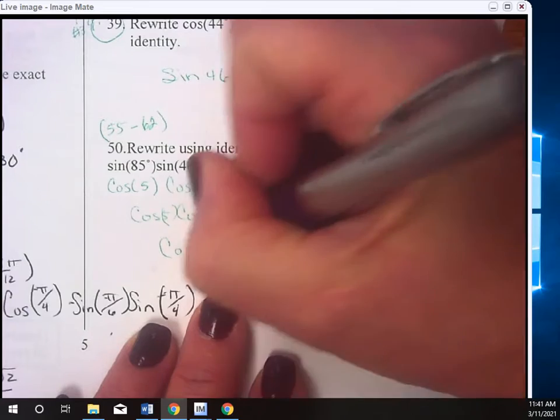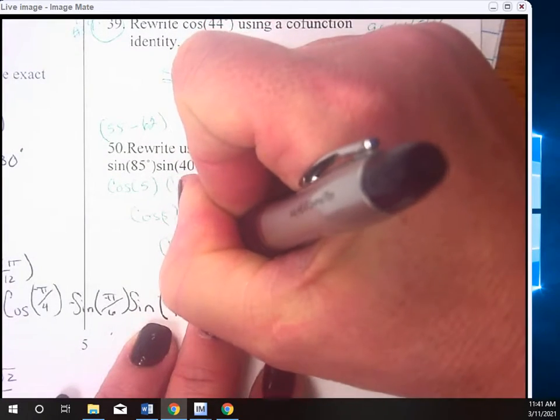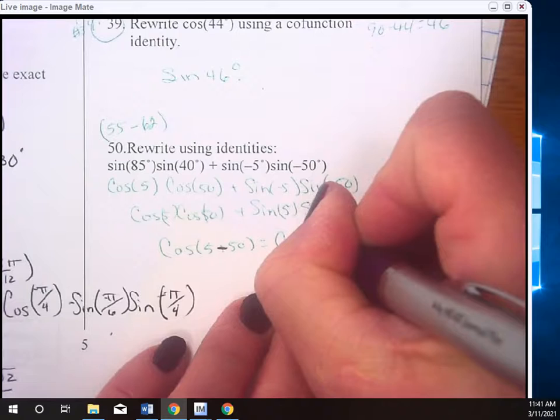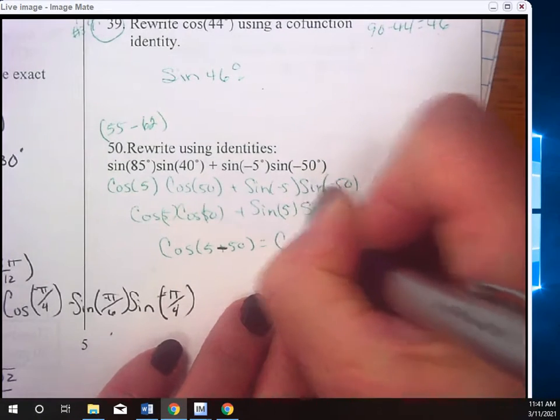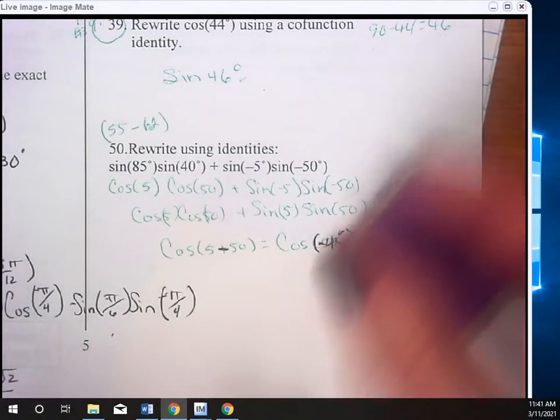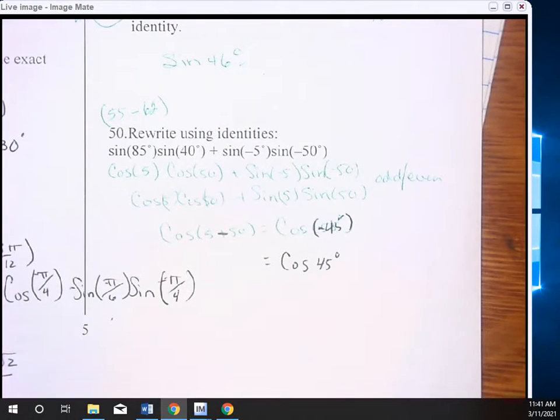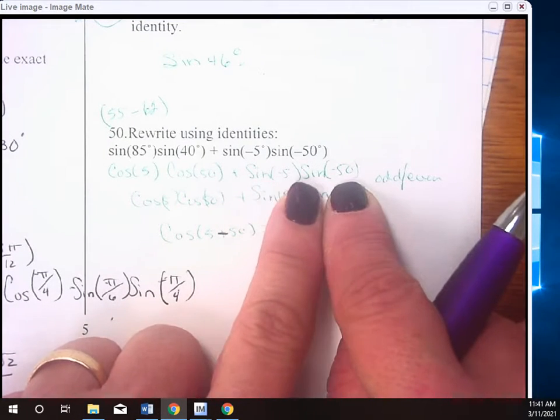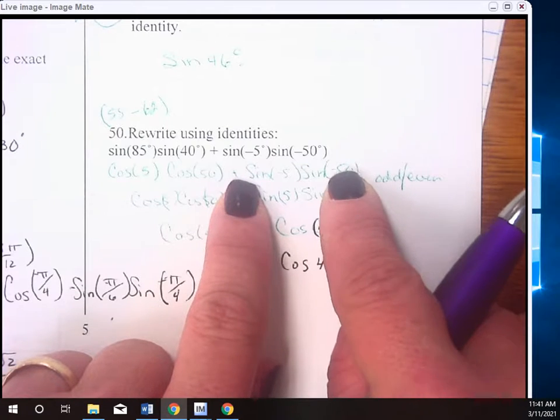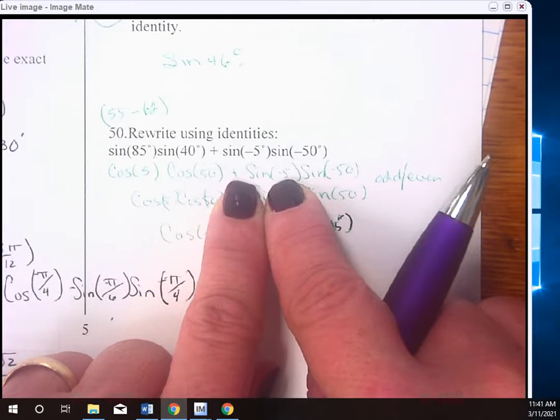You're supposed to subtract. 5 minus 50 is a -45, but the even-odd identity says the cosine of a negative is the same as the cosine of the positive. Both of these were negative, so when you pull the negative out front and you pull the negative out front, a negative times a negative is a positive.